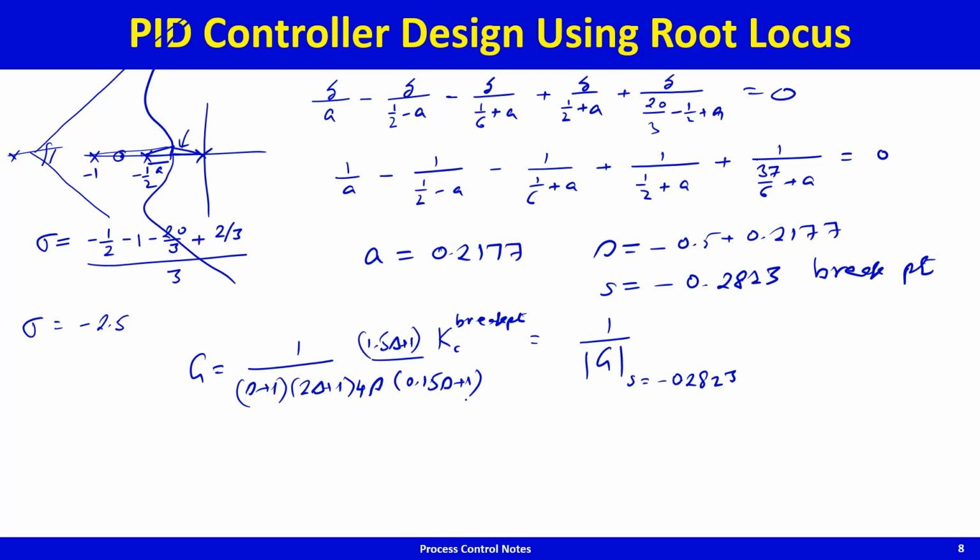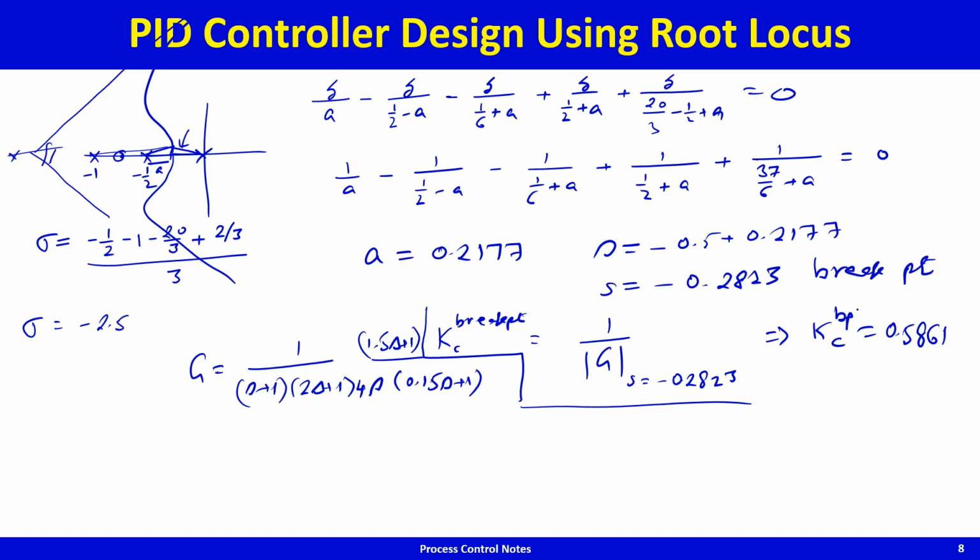So that's G. If you substitute S equal to minus 0.2823, calculate G and then take the inverse of that, that gives us Kc. So it turns out that Kc at the breakpoint is 0.5861. Okay. So this is PID controller design.